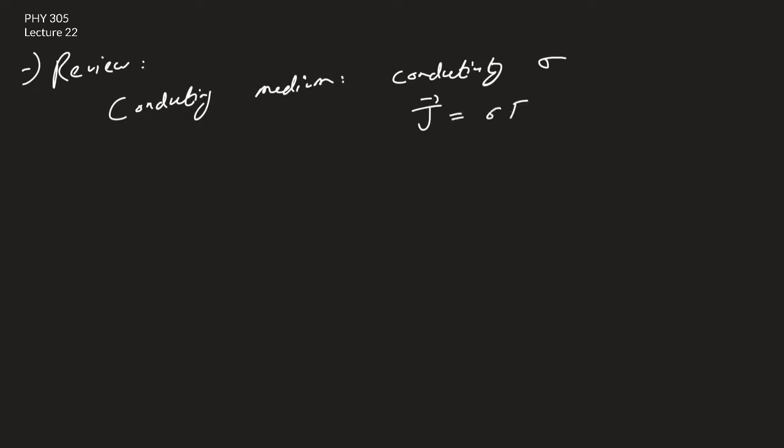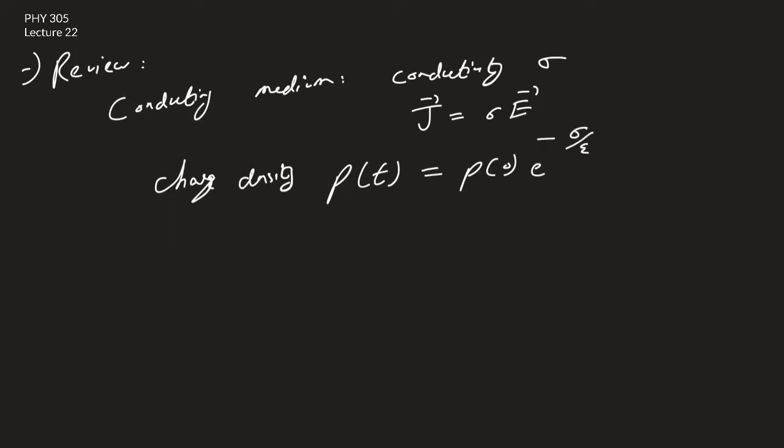In lecture 21 we basically saw that if we have a conducting medium with conductivity sigma, and J, the current density, is equal to sigma times the applied electric field, then under this assumption we can find that the charge density at any point as a function of time, rho of t, is given as rho of 0 times e to the power of minus sigma over epsilon times the time.